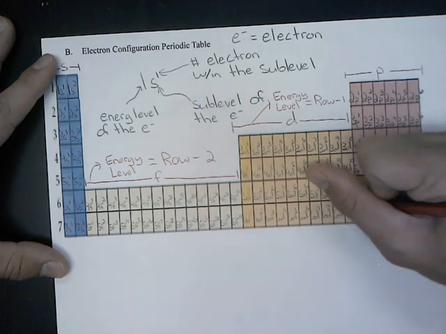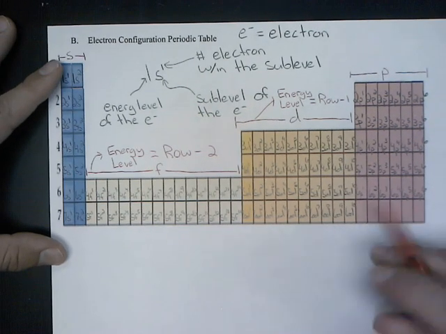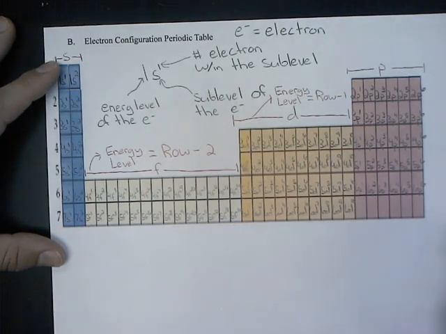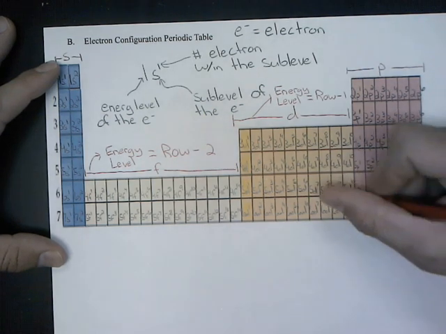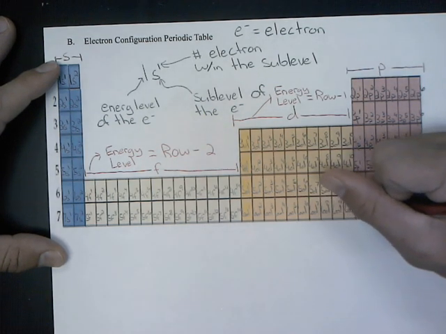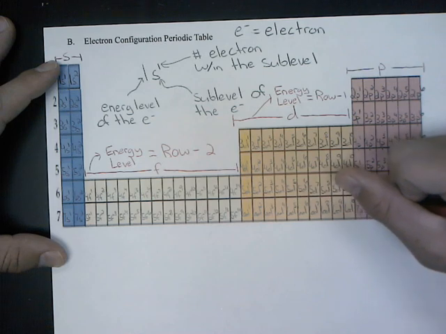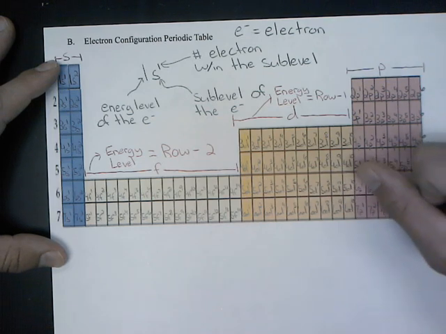We get to the p sublevel. For the p sublevel here, remember the energy level is equal to the row, so this first box would be 7p1, and we can scroll over to our final box, which is 7p6.